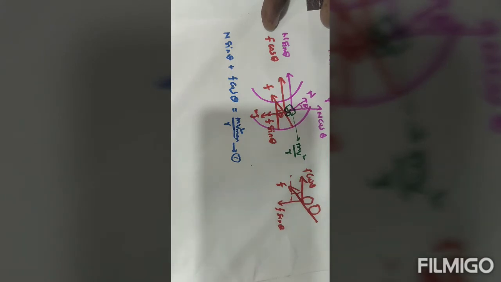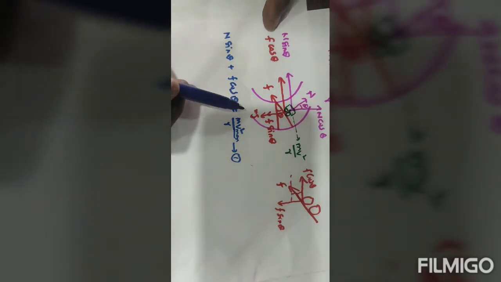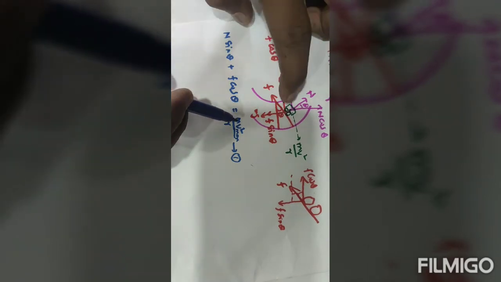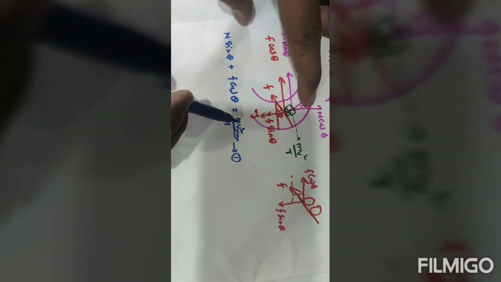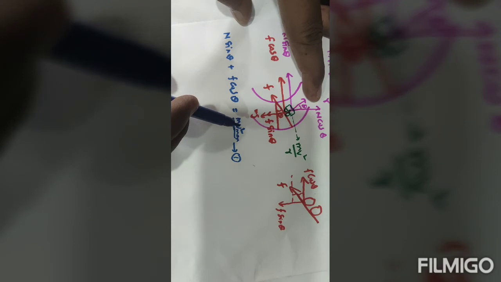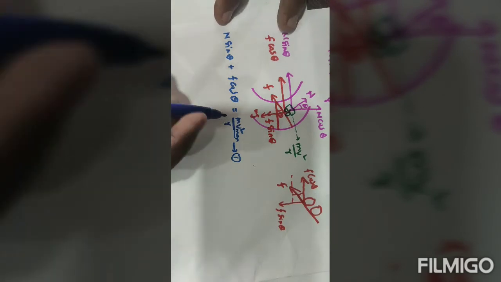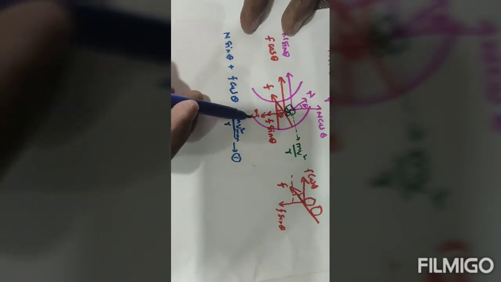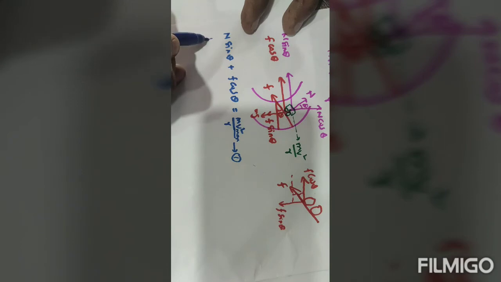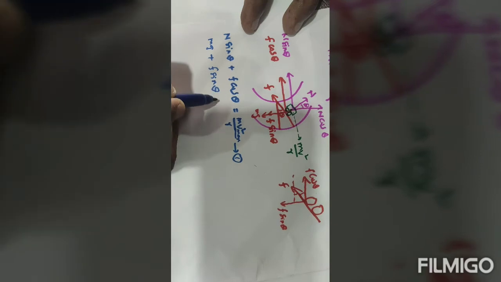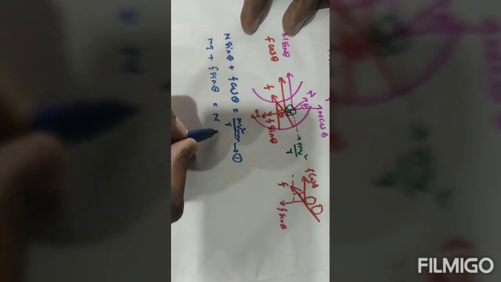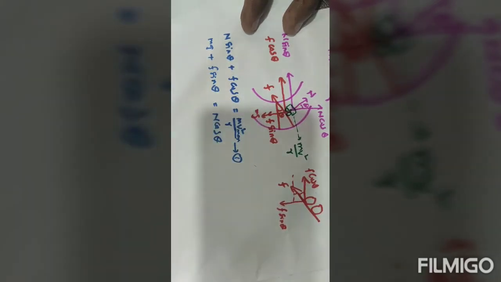Then the second thing, let's come to the balancing. What is the balancing? f sin theta is balanced with n cos theta, along with mg. So mg plus f sin theta is balanced with n cos theta.